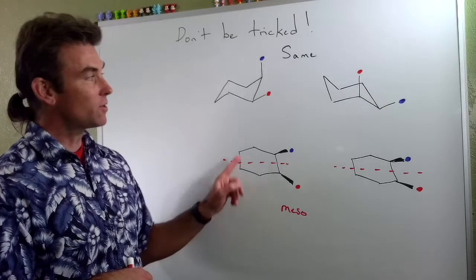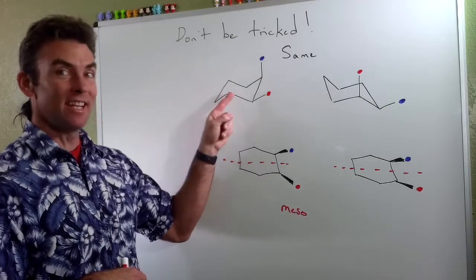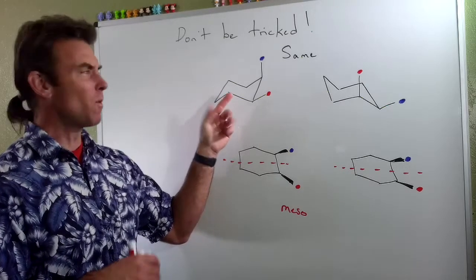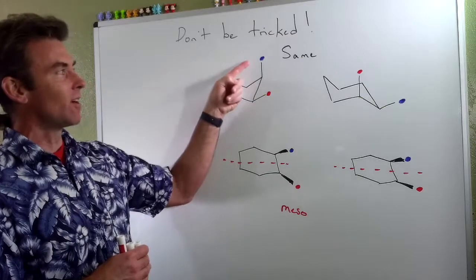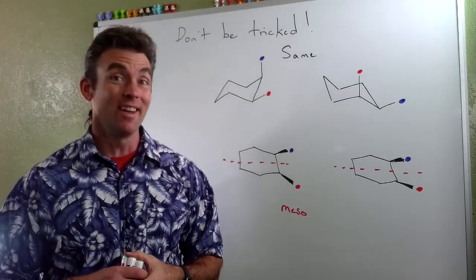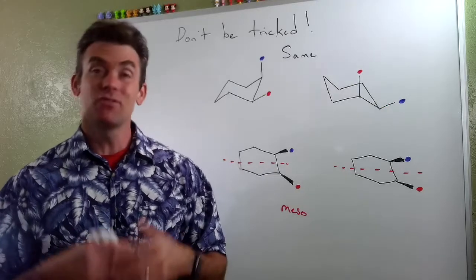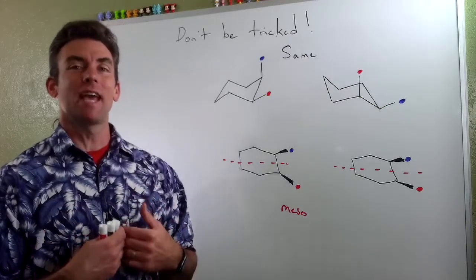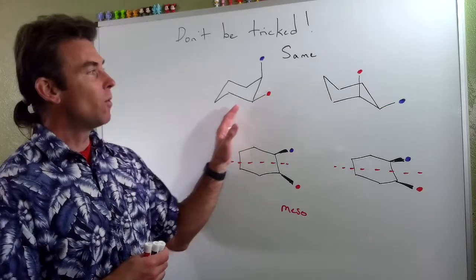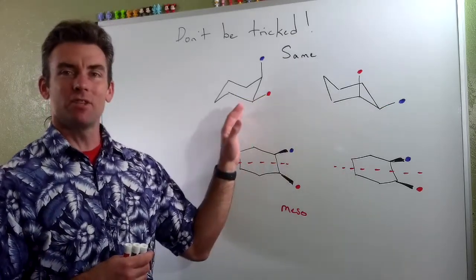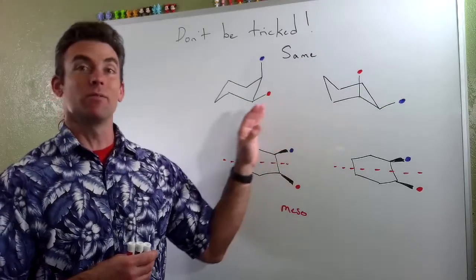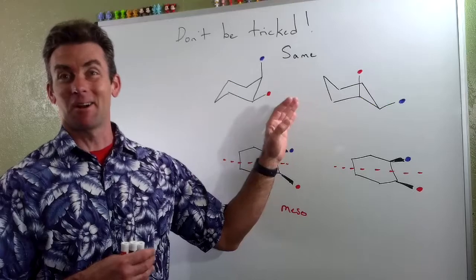And it's really hard to look at this and find a mirror plane. Right? To look at this thing, you'd say, well, how am I ever going to get an axial group reflected into an equatorial group? And the answer is you wouldn't, right? And so what's going on when you cannot rotate plane polarized light is that this thing is going through its chair inversions, one chair turning into another chair, going through that conformational diastereomerism.